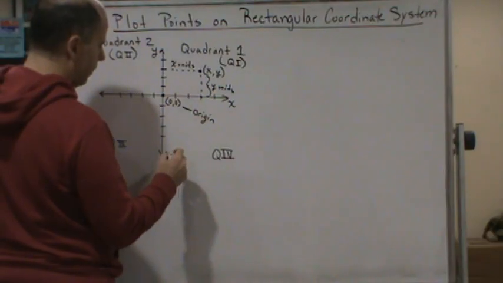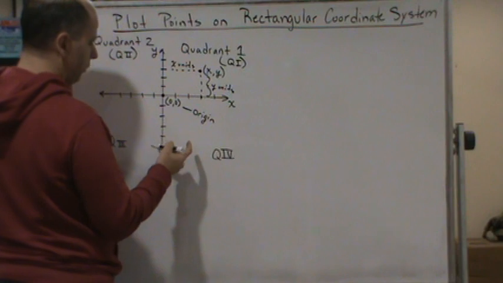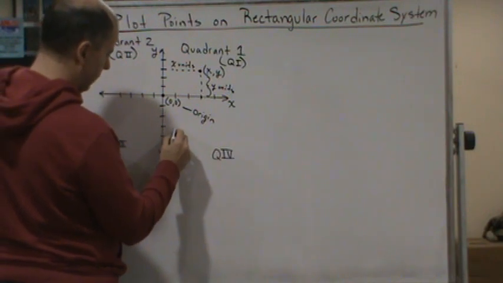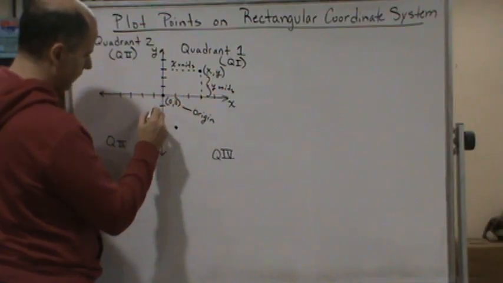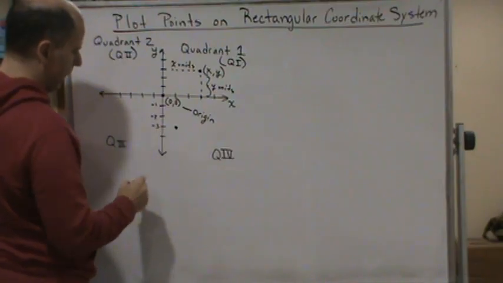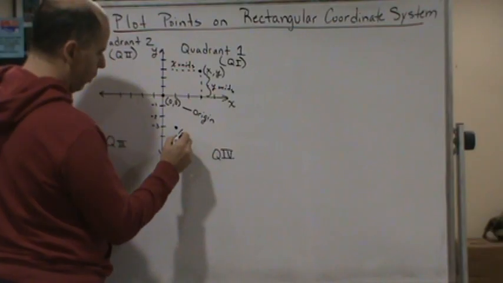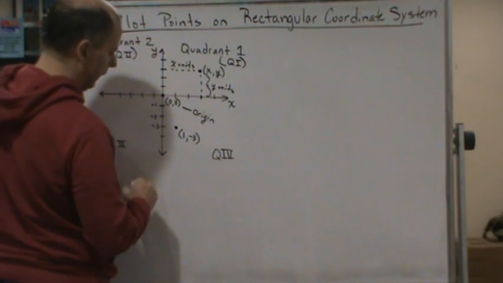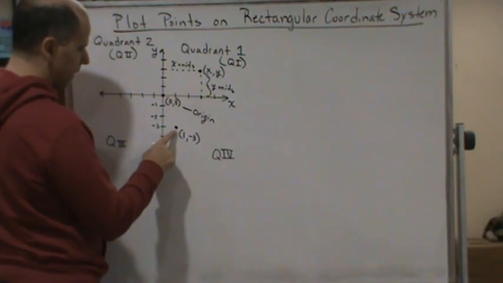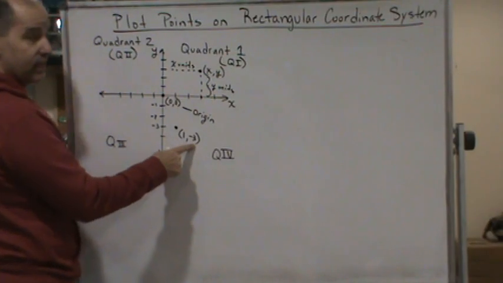But I could have another one. Each of these tick marks could represent, let's say, 1 unit. So if I had this point right here, and this was 1, 2, 3, and this would be -1, -2, -3, this point would be represented by the ordered pair (1, -3), which tells me that this point lies 1 unit to the right and 3 units down.